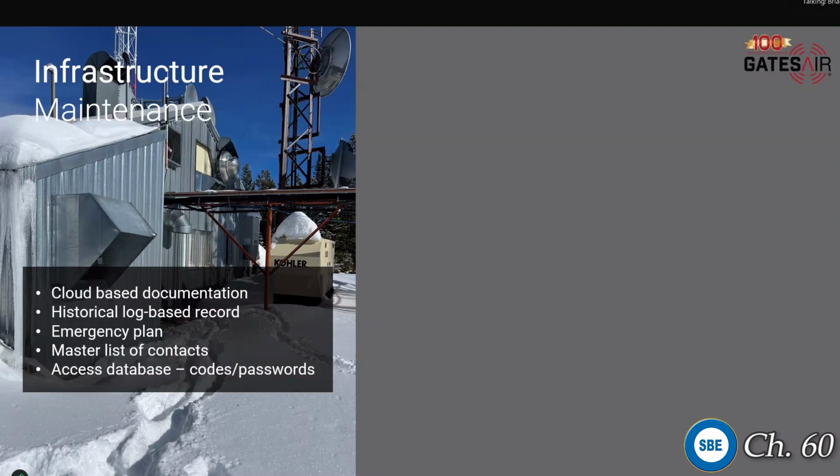A lot of stations used to keep a loose leaf binder with a log sheet. Whenever I used to go to a transmitter site, you'd fill it out as you walk around with the loose leaf binder. You check the generator, maybe you run the generator, check the pressure in your lines and everything.